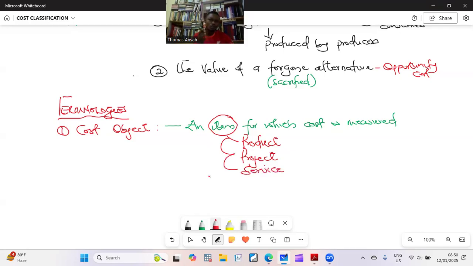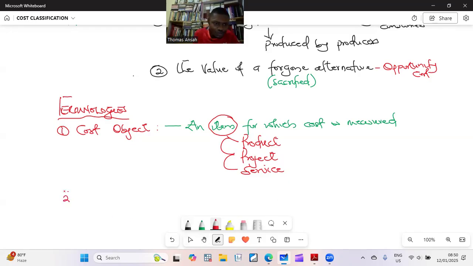When we talk about a cost object, the object is coming from the word objective. Why did I spend the money? The product line, the reason why you spend the money, is that thing that you can actually measure the cost of. In financial reporting we said it is something for which the cost can be measured reliably. If you can measure the cost of that thing, that is the object.